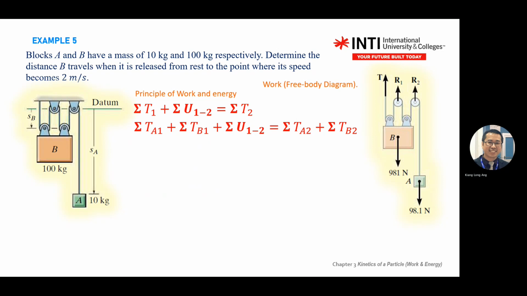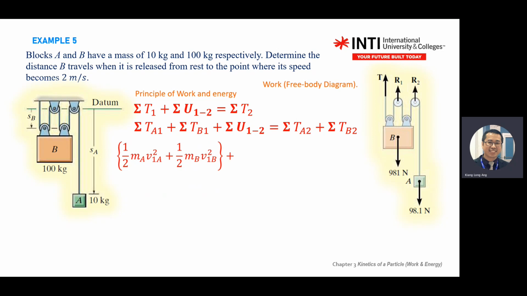Then the work from position 1 to 2, you calculate, and the kinetic energy for object A and object B also considered. You substitute, you change the kinetic into mv square. What is the work done by the body? You have two bodies, so you have two work.